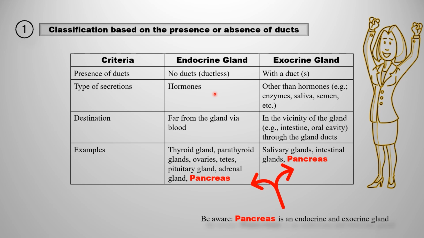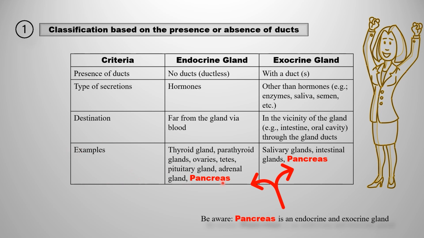Okay? While in the exocrine gland, it is different. The secretions, whether enzyme or not, are transported via the duct into an organ in the vicinity of the exocrine gland, like the intestine or oral cavity, through the gland ducts.